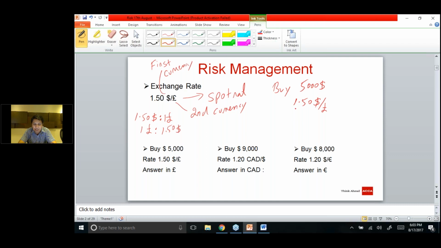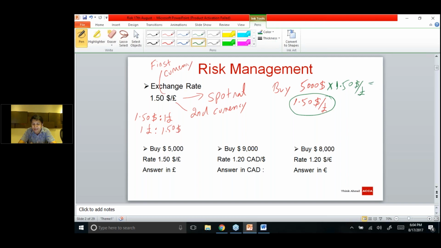There is a very simple way to convert the currency: either you multiply this exchange rate with the transaction amount, or you divide the transaction amount by this exchange rate. Let's suppose we multiply it with the transaction amount. 1.50 dollar over pound.